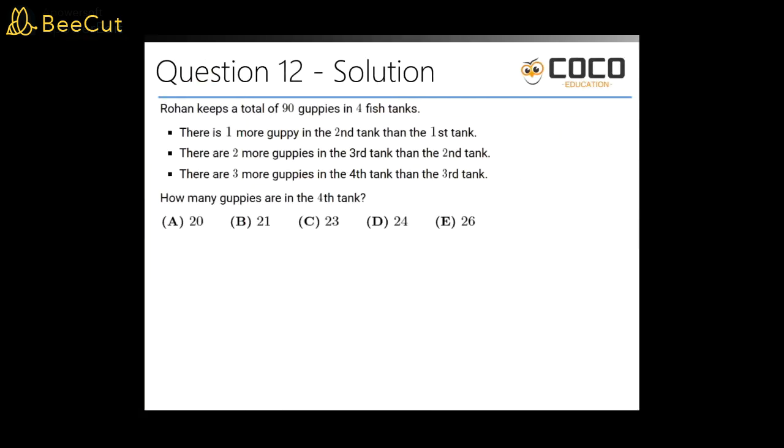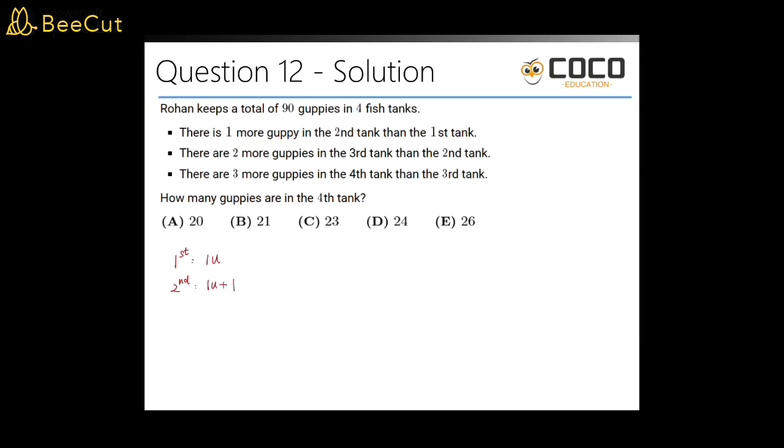For question 12, we can check the first fish tank. Let's say the number of guppies is 1 unit. In the second tank, there's one guppy more than the first tank.